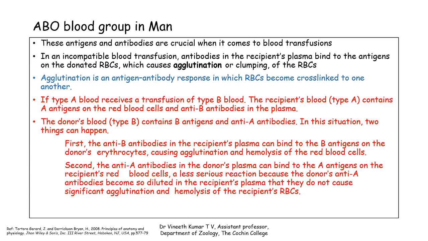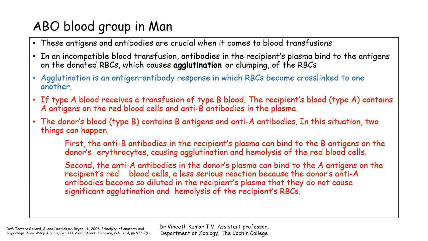Compared to the first case, where hemolysis will happen for sure and definitely, in the second reaction, which is less likely to happen, the reason is that when you are adding antibodies in the donor's blood, it becomes so diluted.